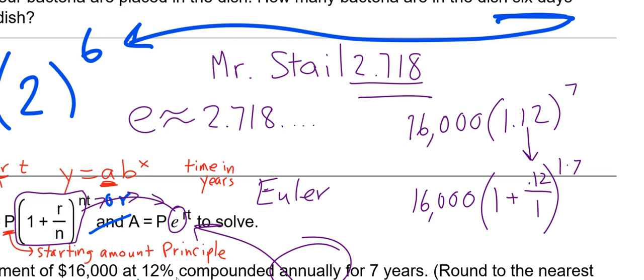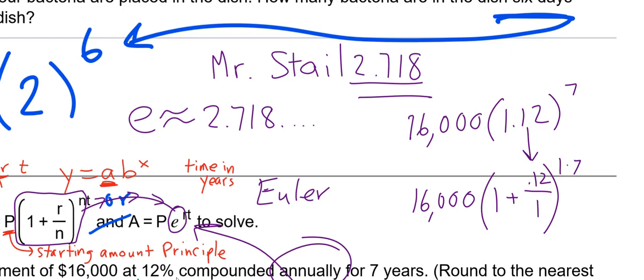It is the same thing. Now, that's only true if we're talking about annual compounding. You pick one of those other compounding factors, it's not going to be the same, so don't do this. This only works because n is 1. If that's a 4 or a 12 or a 365, that's going to drastically change your answer. You can only use this because this case is an annual interest.